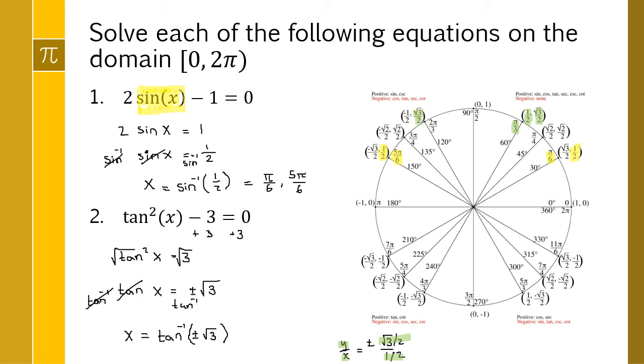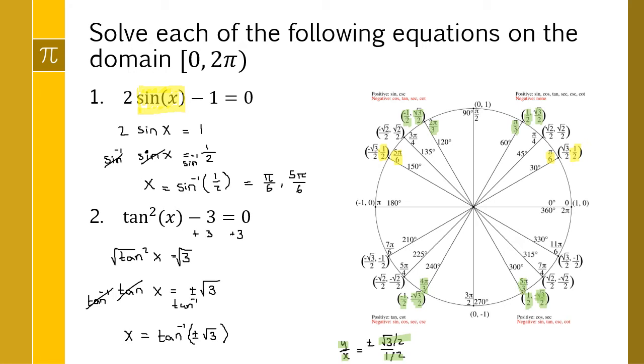It happens over here at 2 pi/3. It happens down here at 4 pi/3. And it happens over here at 5 pi/3. Y value of root 3/2, x value of 1/2, either positive or negative.